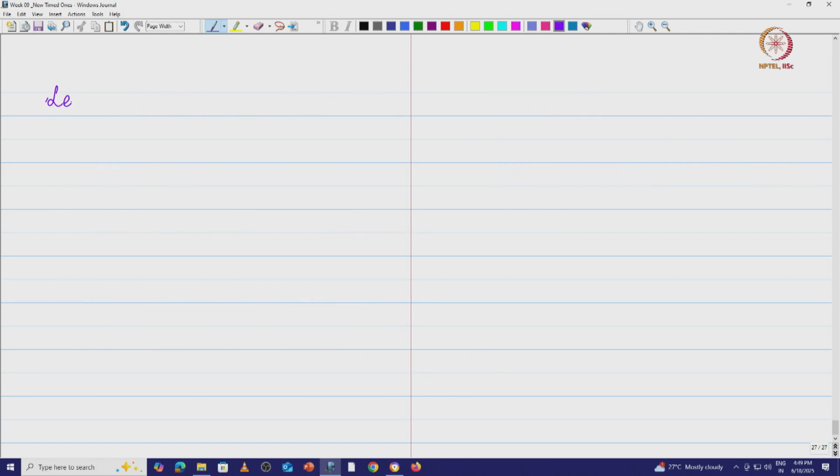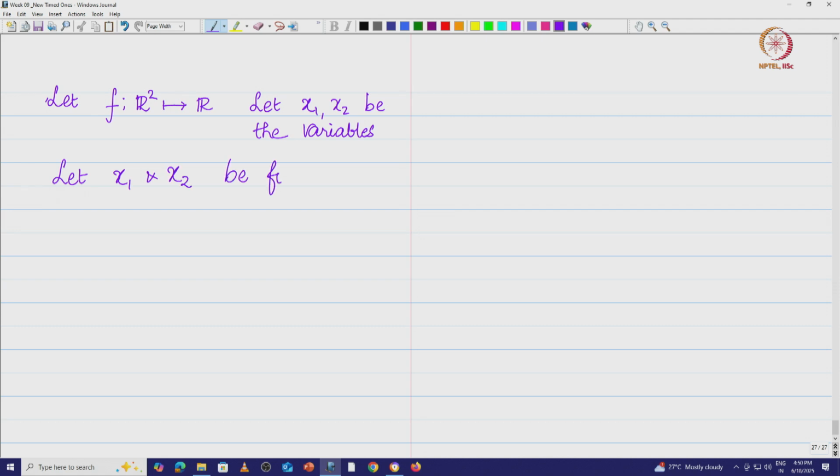Let f be a function which is going to map R2 to R. That means, let x1 and x2 be the variables on which the function f depends, and let us say x1 and x2 in turn depend on t, be functions of another variable t.